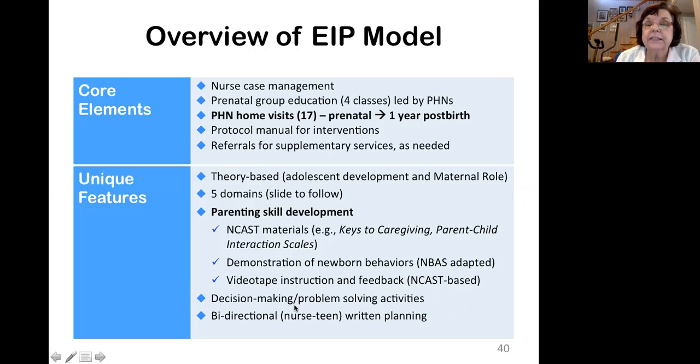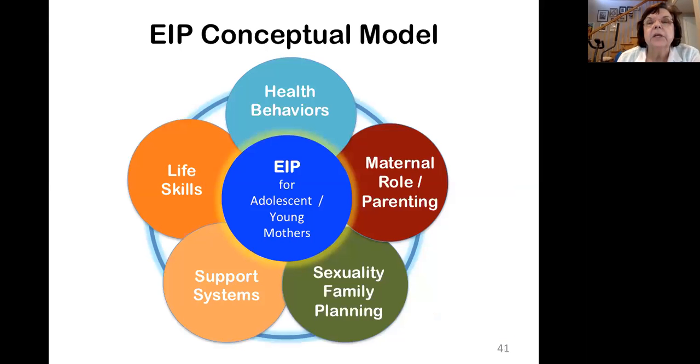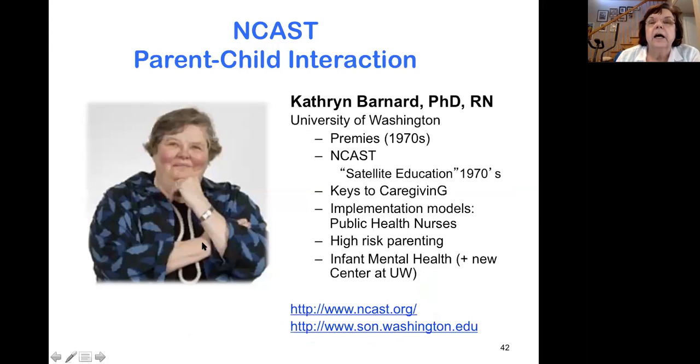We also encourage decision-making, problem-solving with the moms and a kind of bi-directional written planning. So here are the five areas: health behaviors, maternal role and parenting, sexuality and family planning, support systems, life skills that we focused on.